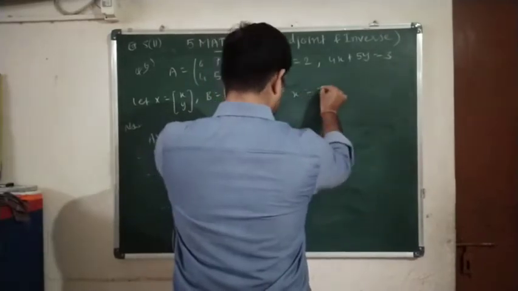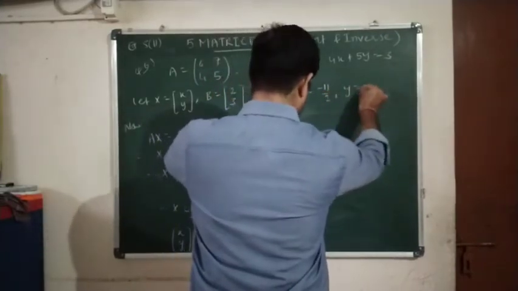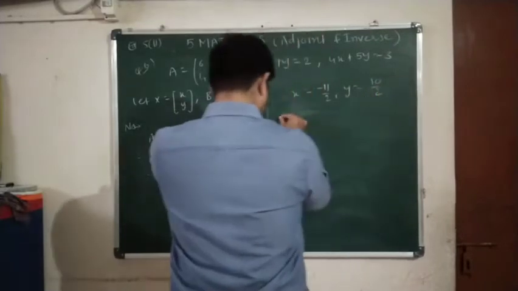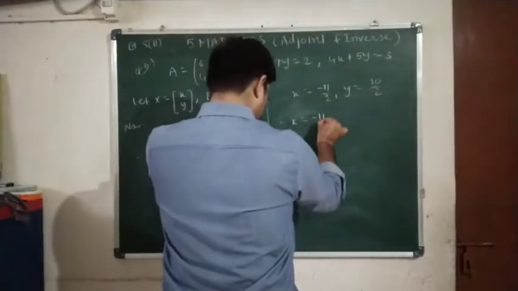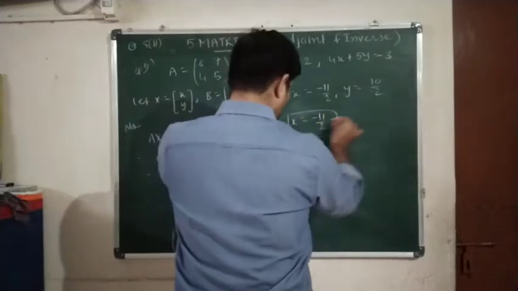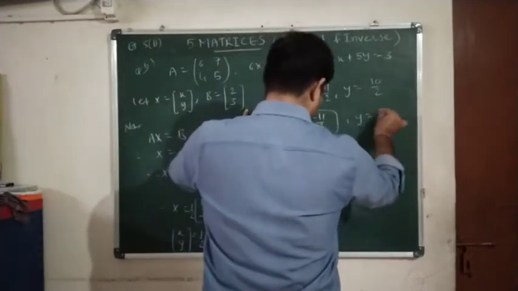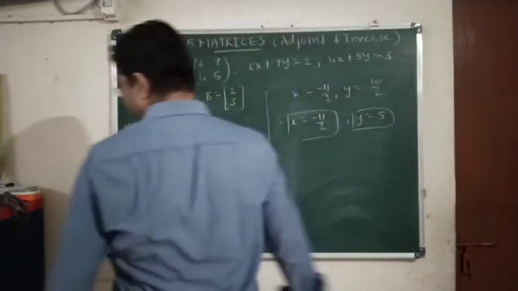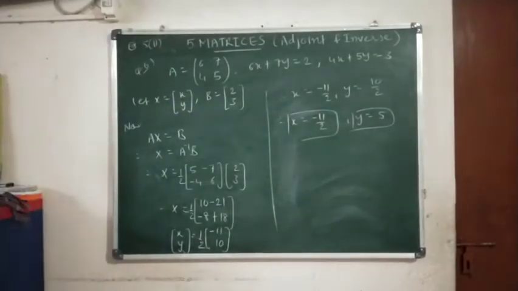Therefore x is equal to minus 11 upon 2 and y is equal to 10 by 2, which is 5. So these are the required solutions or values of x and y.